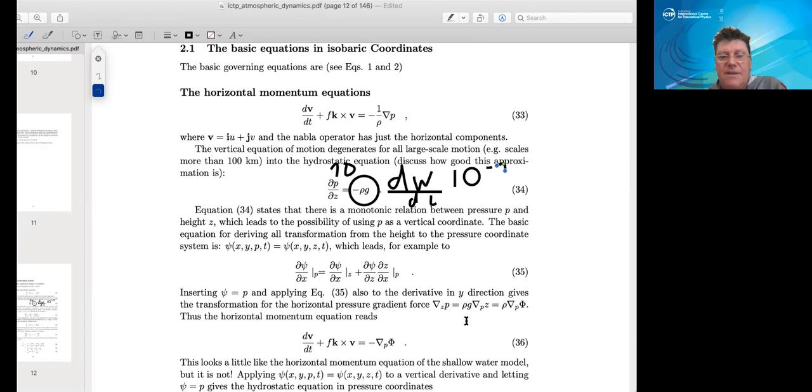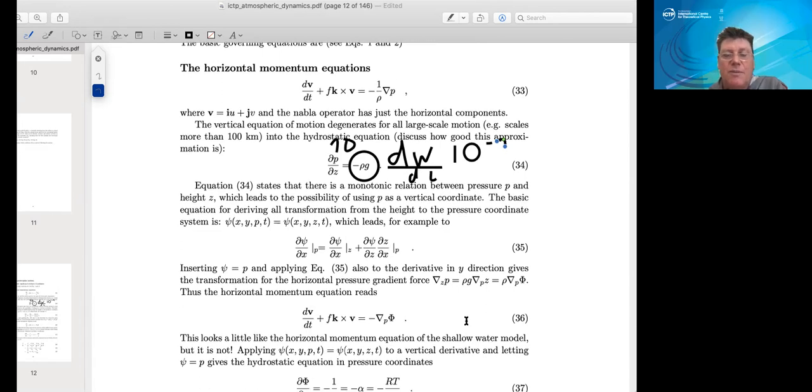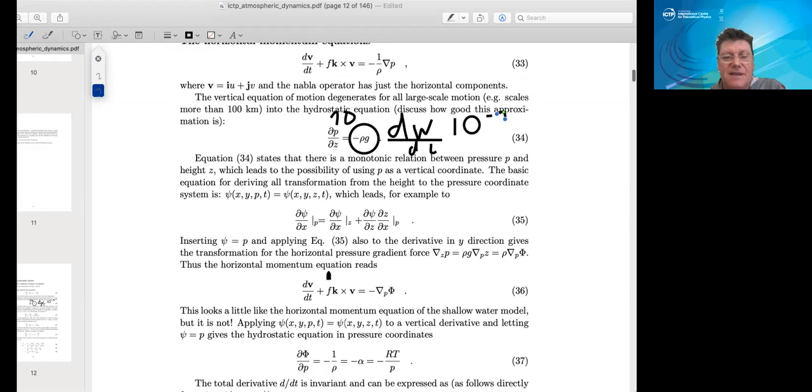Now, this makes the horizontal momentum equation simpler, because if we insert this result into the horizontal pressure gradient in this equation here, the density drops out. So instead of a nonlinear pressure gradient force, we now have a linear pressure gradient force, or geopotential gradient force in this case, that leads us to the acceleration of our flow.